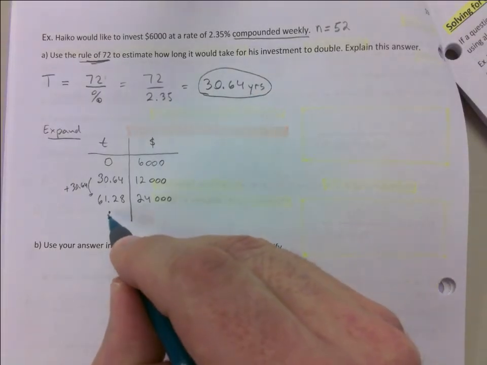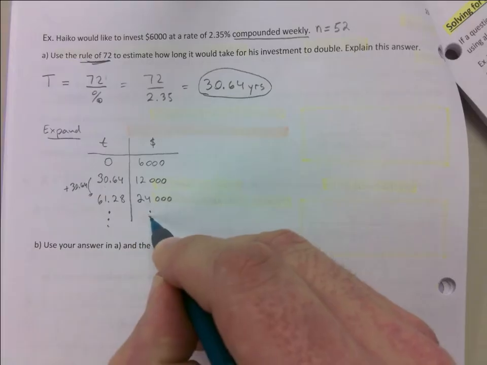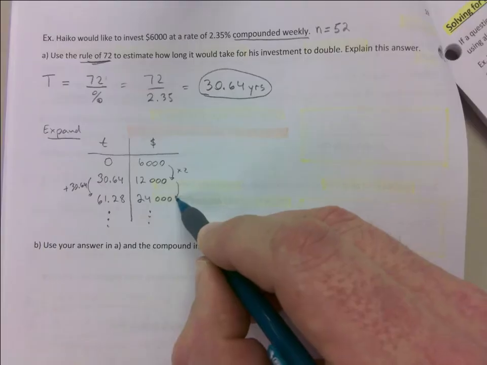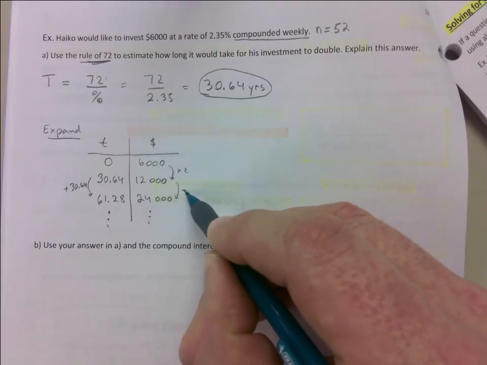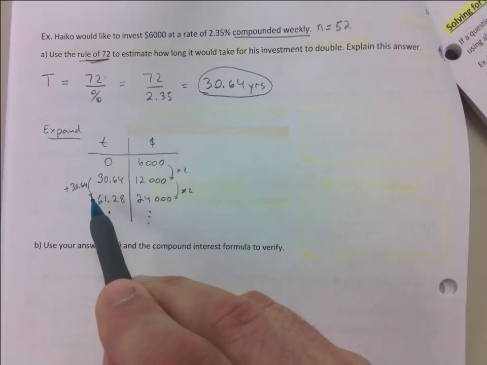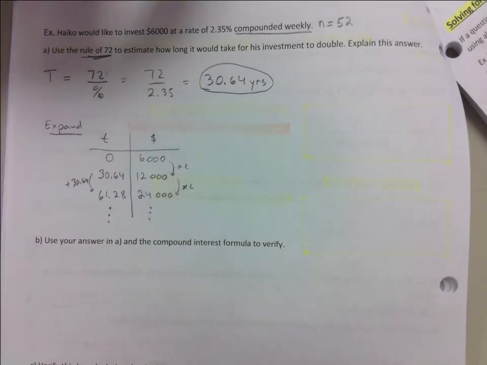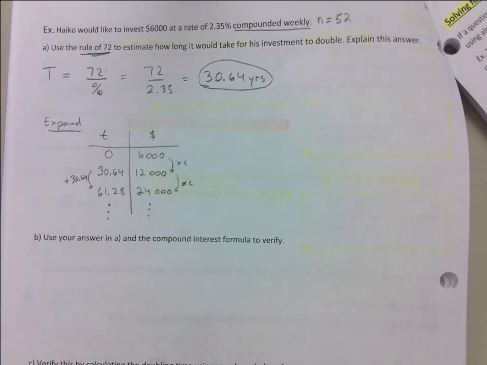And so we can just go dot, dot, dot. Over here, you're doubling. Over on the left side, we always add our time, okay? And again, it's an estimation tool, okay?